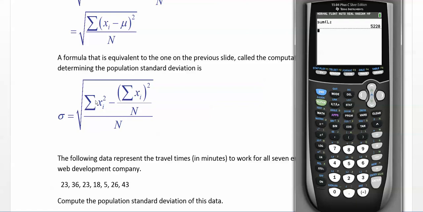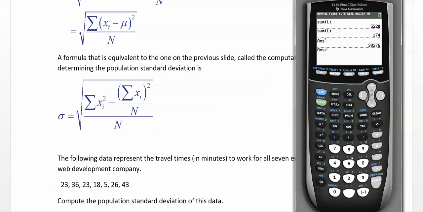So that's what this is saying right here. It says sum list 1. So let me go back and get the sum again, but this time I want to sum list 1. Okay, so this says take that number, that 174, and square it. Okay, I get a number.